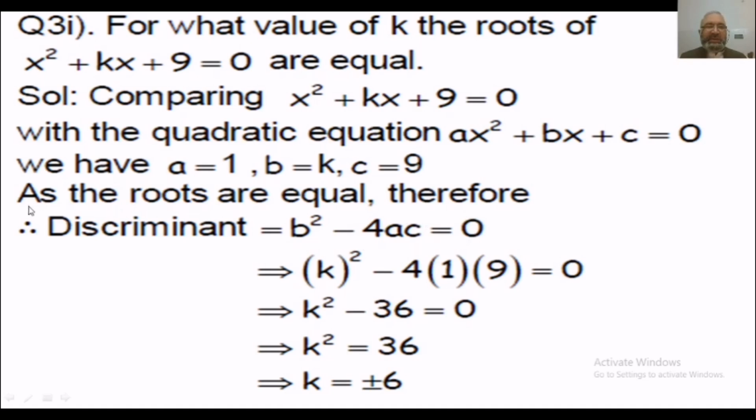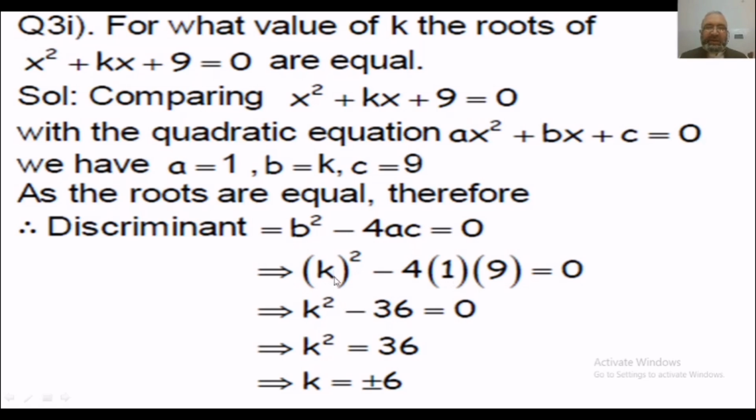So the first case is that the roots are equal, as given in the question. Therefore, by that property, the discriminant is equal to 0. Putting values in the discriminant, the value of b is k, so k square minus 4 into a into the value of c, 9, is equal to 0.